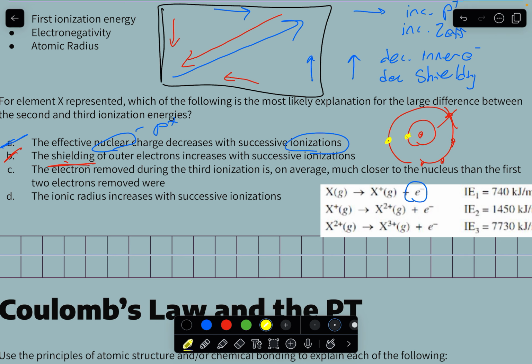That does make sense. And then D, the ionic radius increases with successive ionizations. Well, that doesn't tell us anything about ionization energy increasing. It's not related to the question, whether it's true or not. So we know the answer here is C. Remember, when you're doing these questions, test-taking strategy: go one by one and eliminate the ones you know are wrong.